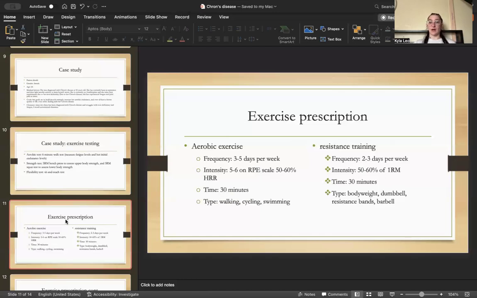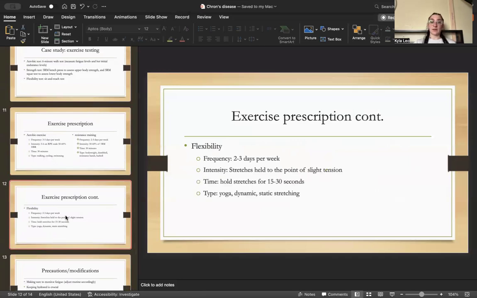For resistance training, the frequency would be 2 to 3 days per week to begin. The intensity, we would keep it at 50 to 60% of her 1 RM, so nothing too intense. I would have her start at 30 minutes per day. And types of exercise would include body weight, dumbbell, resistance bands, and barbell training.